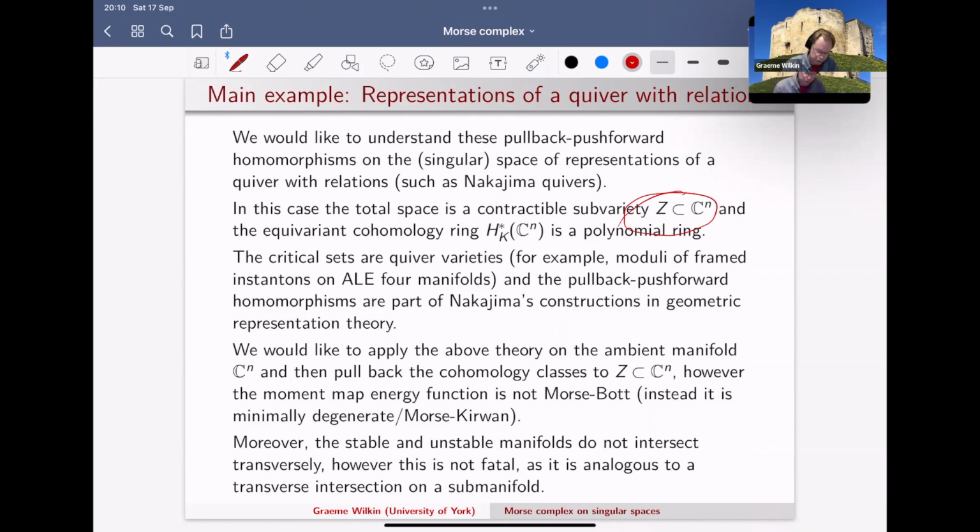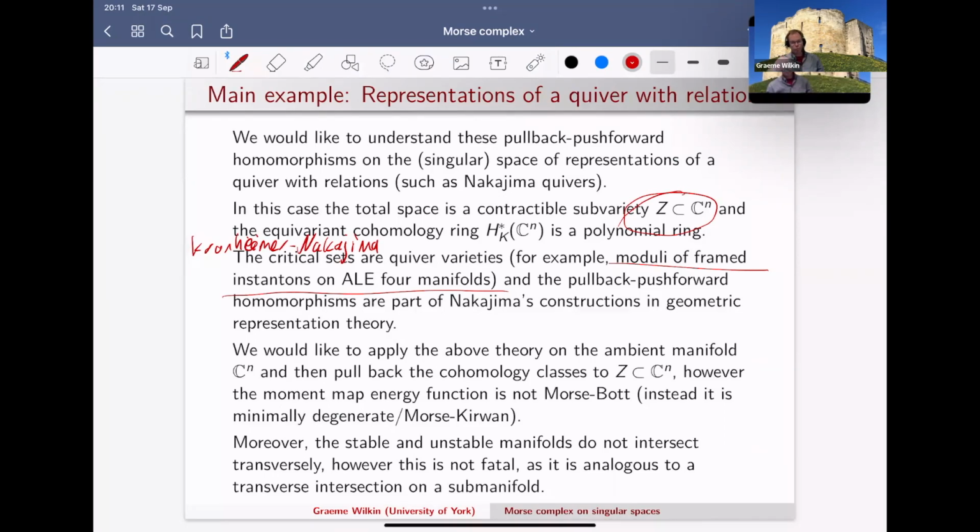Critical sets are really interesting. For example, in certain cases of these quiver varieties, this was a theorem of Kronheimer and Nakajima, it showed that these correspond to moduli of framed instantons on certain four manifolds.